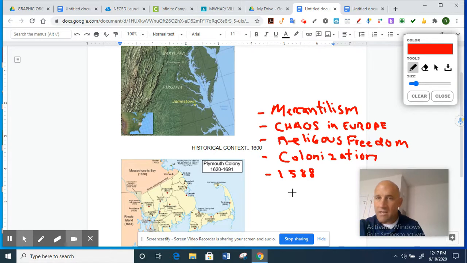And then you see the growth of commercial capitalism or investment capitalism. We talked about mercantilism earlier, but then we see this progression into investment capitalism. Investment capitalism is just a fancy way of saying that you are investing money to make money.